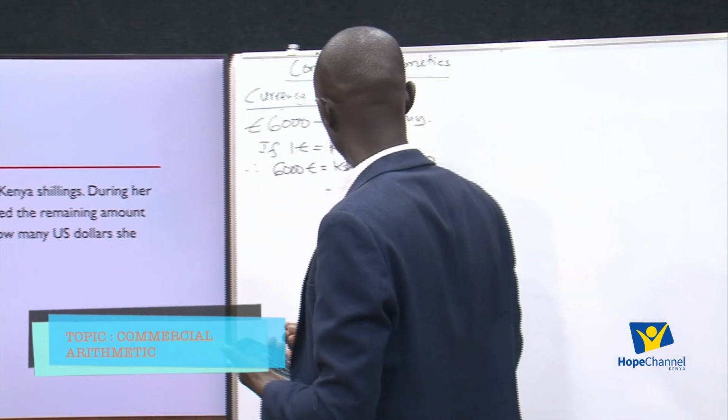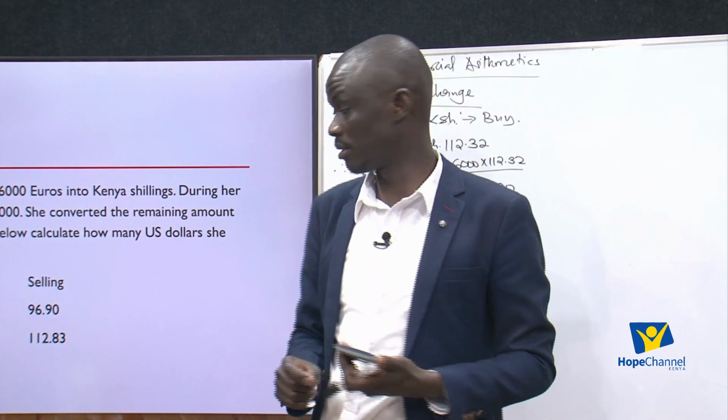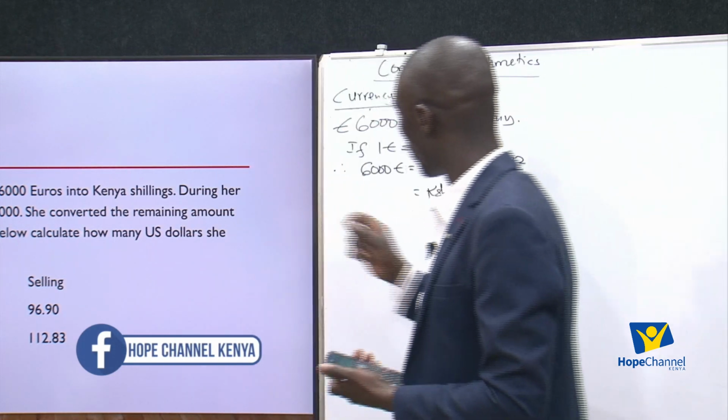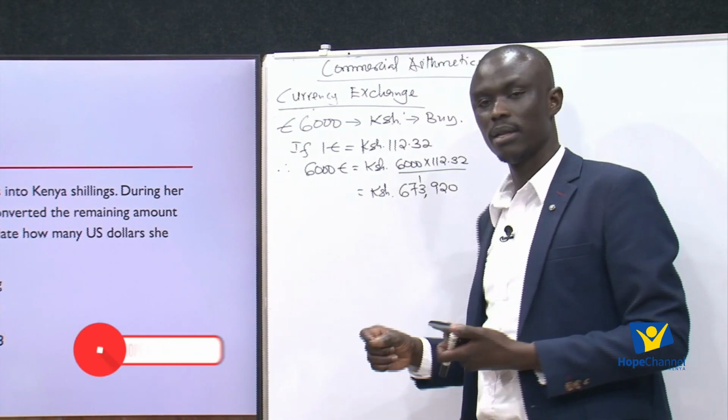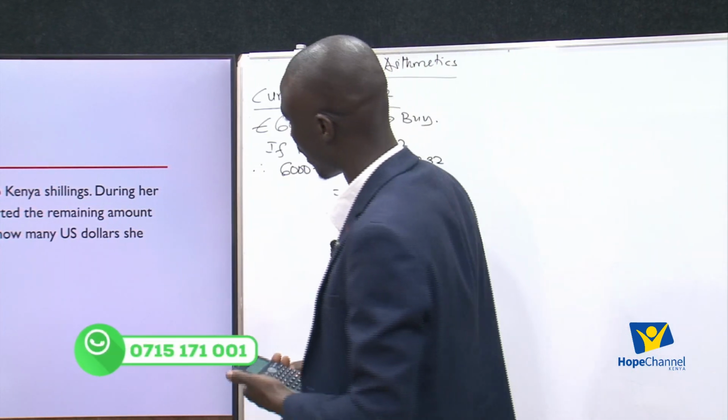So that is the amount that the tourist was having in terms of Kenya shillings. I repeat, with a foreign currency into the bank, the bank will buy. So we use the column of buying.